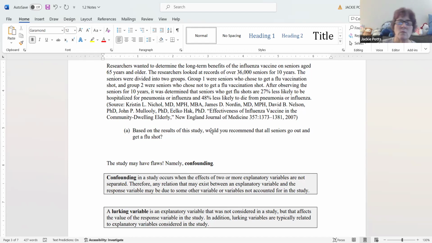Okay, here's, as it says right underneath, the study has flaws. It has confounding variables. And this is what happens when we have multiple explanatory variables that we didn't hold steady that can cause an outcome.